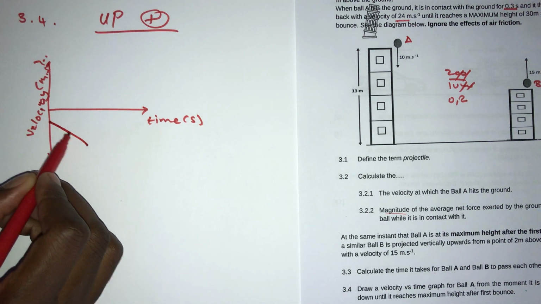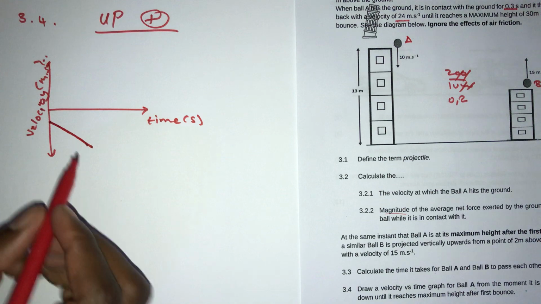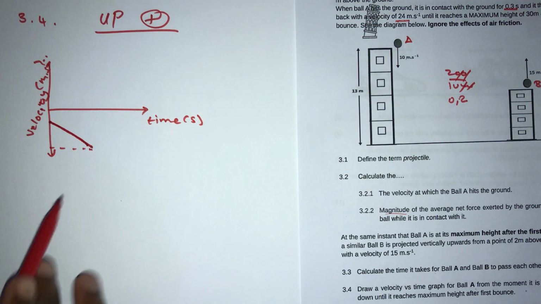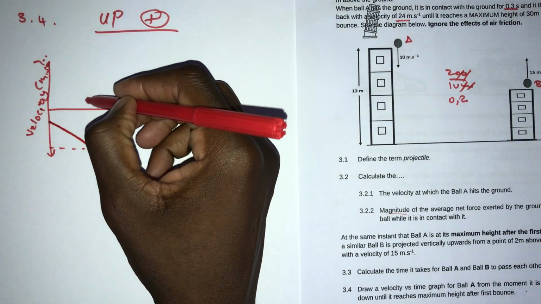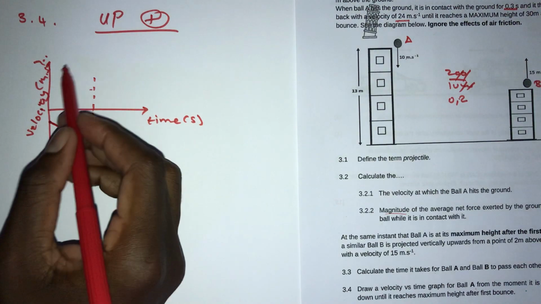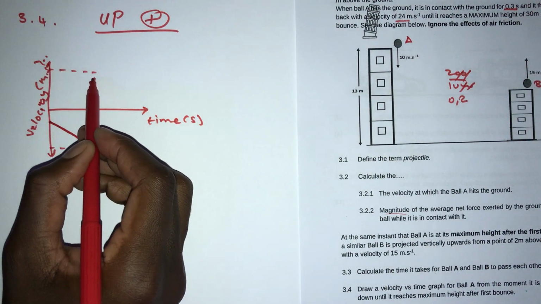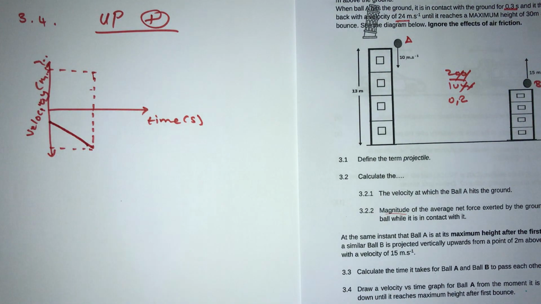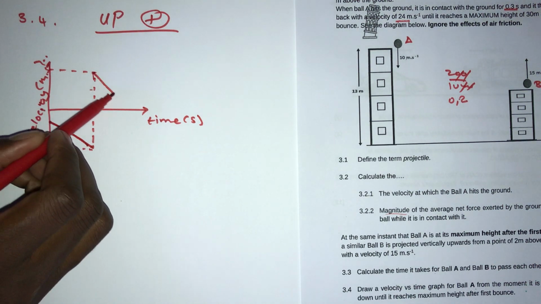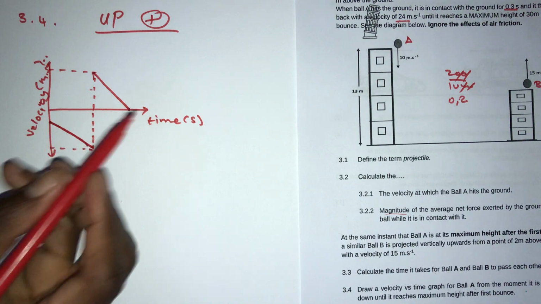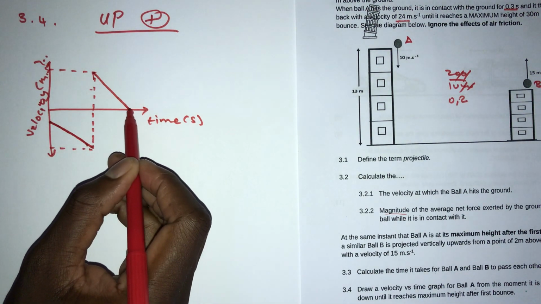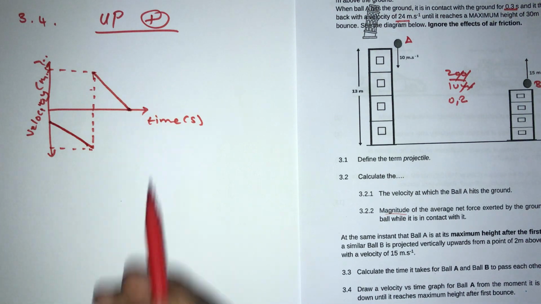So this is ball A going down, down, down, and then here is the ground. Now, this is the bounce. We show the bounce with the dotted lines. This is ball A now leaving the ground, and then it reaches the maximum height. At the maximum height, the velocity is 0, right? So here is the maximum height because velocity is 0 here.